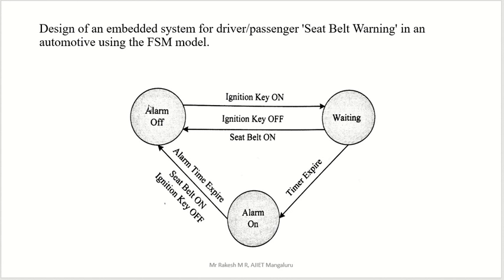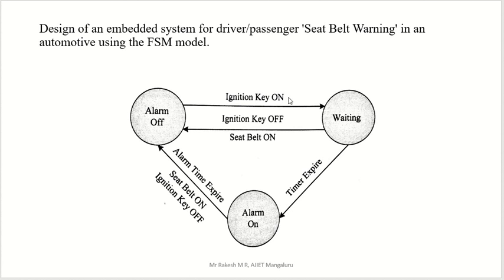First, the alarm is off, right? Initially, when you are not in the car, the alarm is off. Now you are inside the car, you open the door and sit inside. Now you switch on your vehicle, that means the ignition is on.